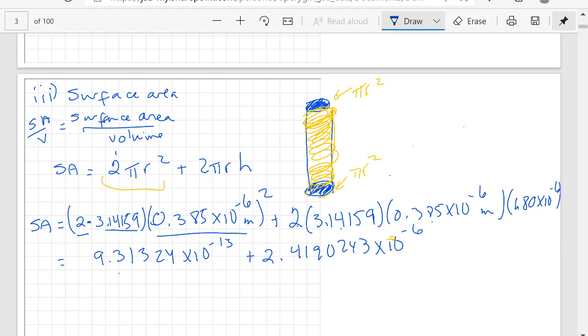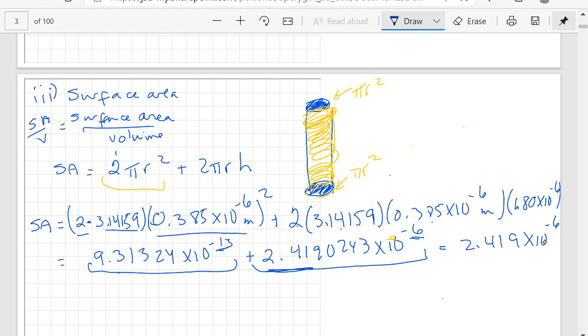Notice that this is minus 13th, and this is minus 6th. So this number over here is practically negligible compared to this number. So you can go ahead and add it up, but the final answer is just going to be 2.419 times 10 to the minus 6.